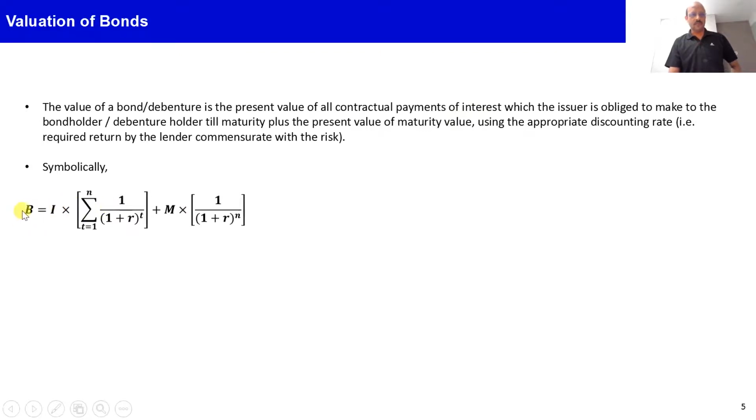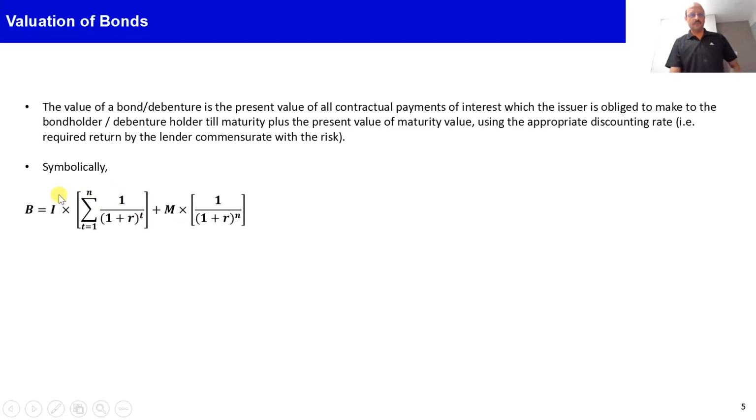We can put it in a mathematical formula like this. B, the bond value, equals I, which is the annual interest amount which the bondholder is likely to get on the bond, which is nothing but the coupon rate times the face value of the bond, times the sum of all the future interest amounts' discounted values, calculated by 1 divided by (1 plus r) raised to power t.